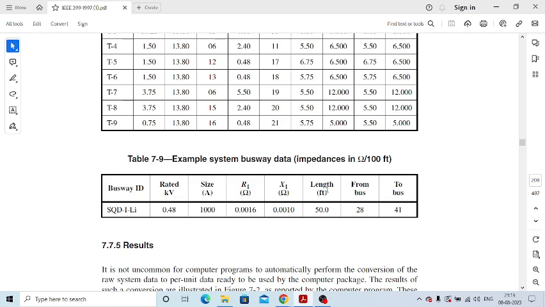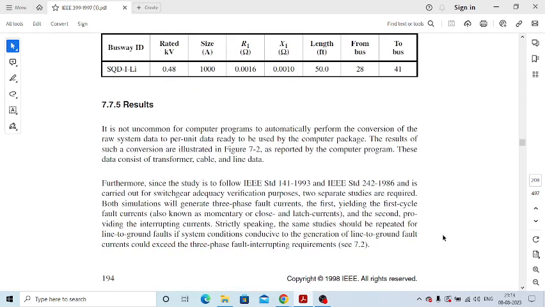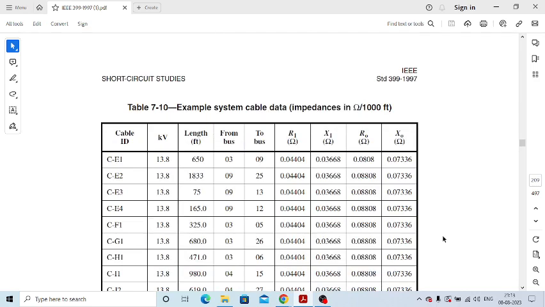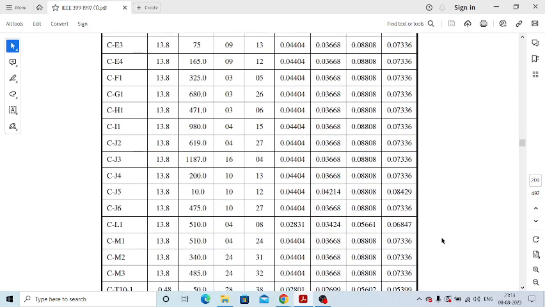If you need more information about the bus duct, just google what is bus duct or busway, and you can go through some of the bus duct details.